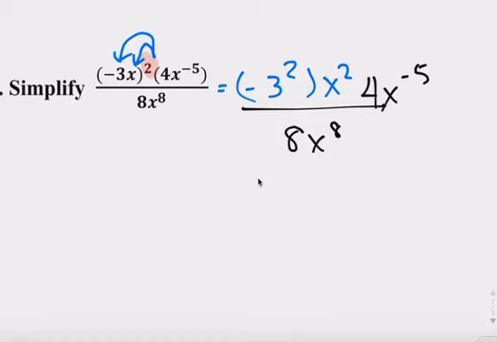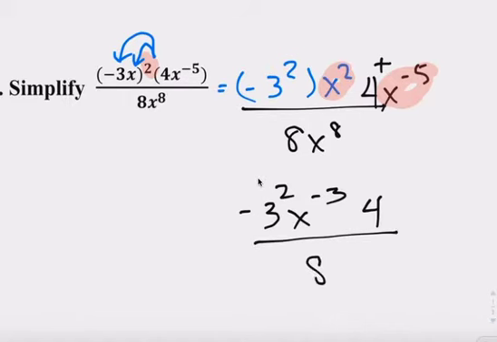These are the same base, not the 4. This here and this here. So you get negative 3x. You add the exponents, you get negative 3 and times 4, right? And then on the bottom, we get 8x to the 8th.